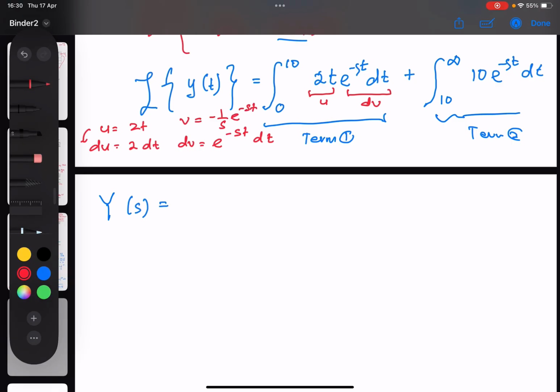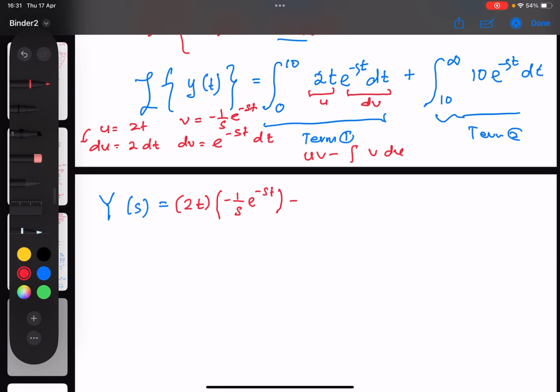So the first term is going to be uv minus the integration of v du. So uv is u multiplied by v, which is 2t multiplied by negative 1 over s e to the power of negative st, minus the integral of v du.